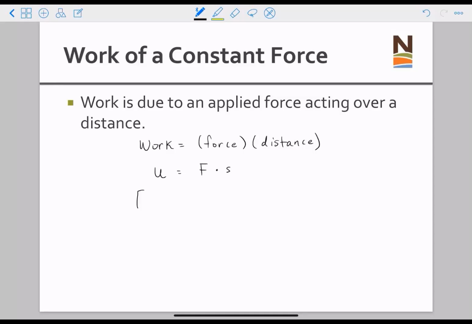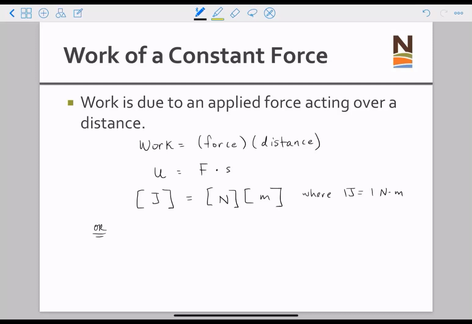In terms of units, work is in the form of joules, whereas the other terms are newtons and meters. So that tells us obviously that 1 joule is equal to 1 newton meter.